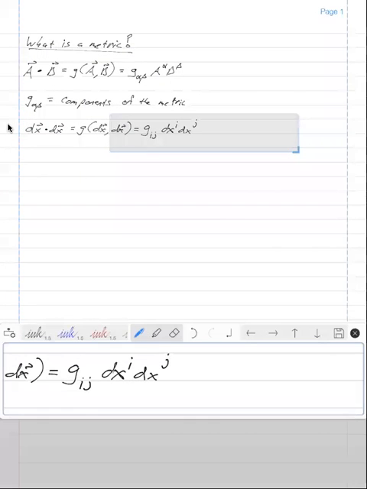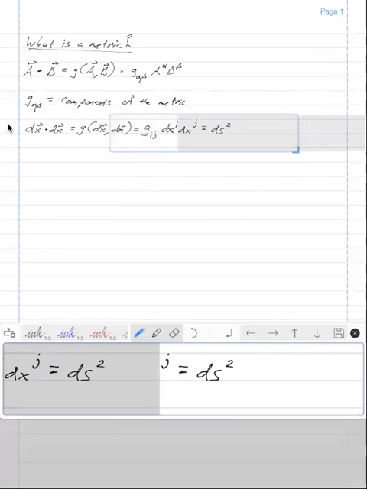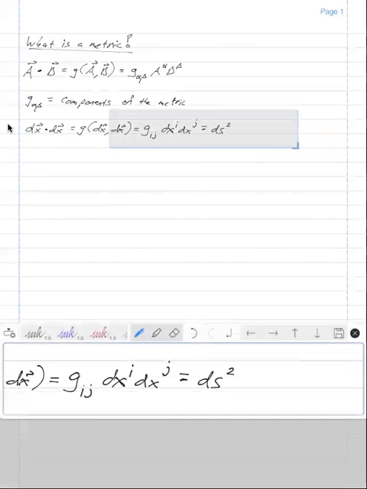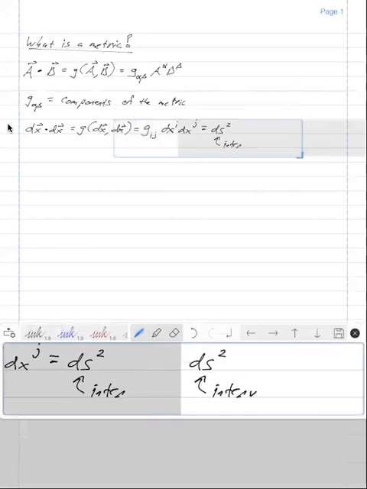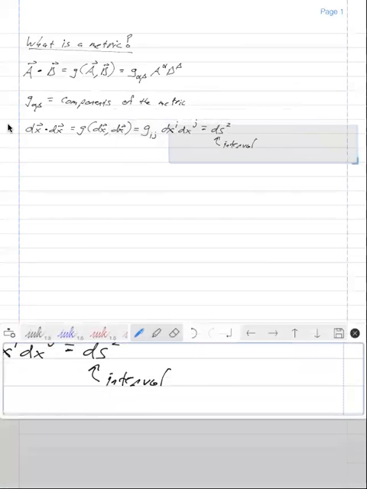And we're going to call this ds squared, where ds is meant to represent the magnitude of this dx. In relativity, we call this the interval. And it is invariant.